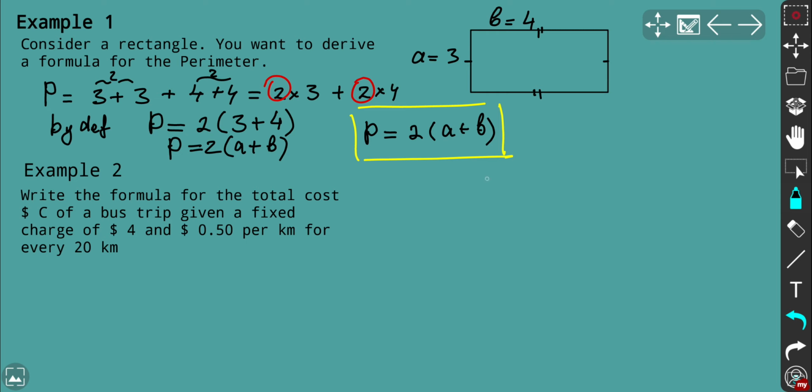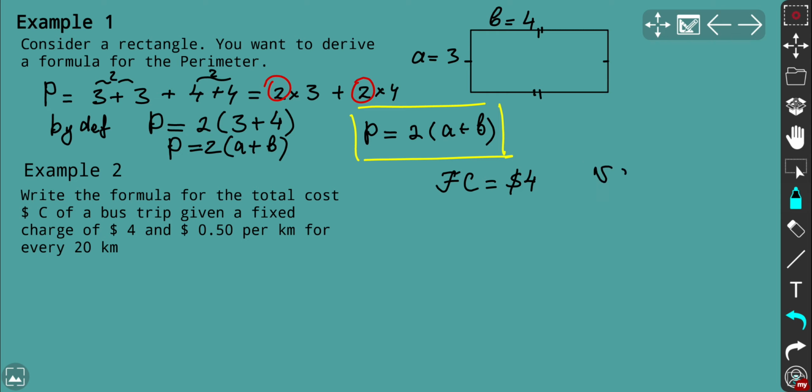So amongst the parameters we have fixed charge, which is $4, so I simply say fixed cost or fixed charge, which is $4. And we'll also have another parameter, which is $0.50 per 20 kilometers. How would you write that? So that's definitely variable cost.